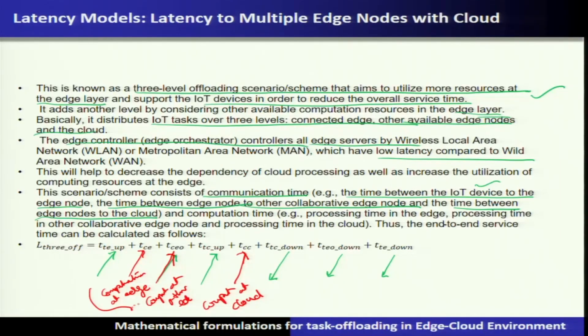So, you can see that with the availability of other edge nodes, the computation time is reduced in comparison to doing the computation at the cloud. This important addition of other edge or multiple edge nodes will bring down the latency as compared to doing the computation at the cloud.